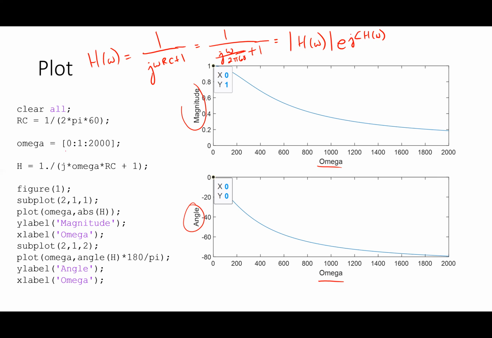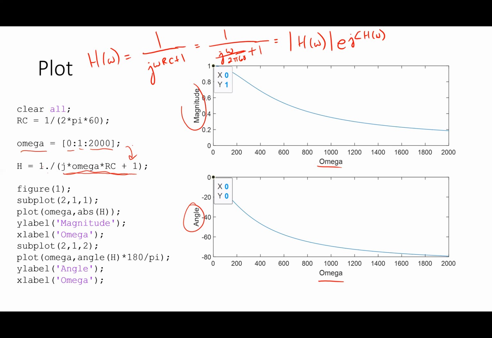In this case, I generated an omega vector, which goes from 0 to 2000 in steps of 1. And then I evaluated H at those frequencies. Now notice I have 1 dot divide. The reason I have dot divide is I want to take 1 over each element in the omega vector, which is ultimately the denominator vector.